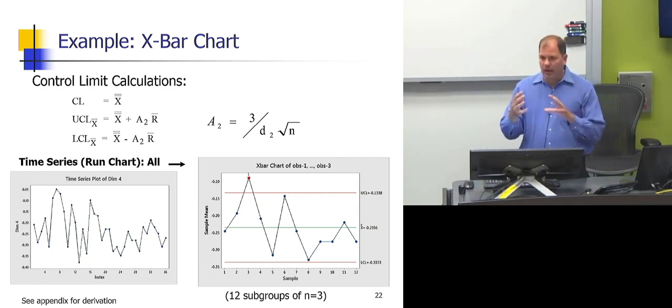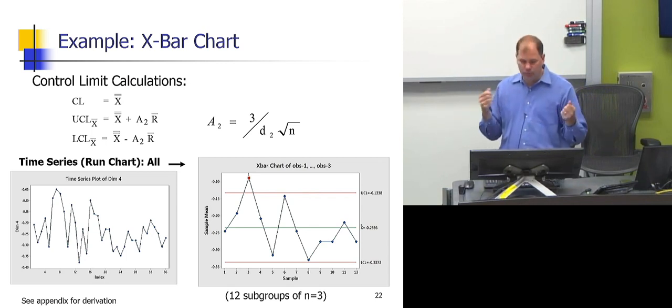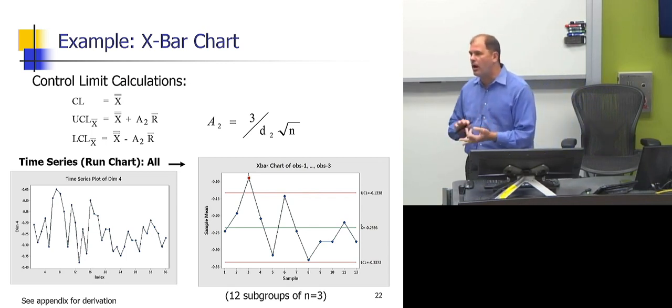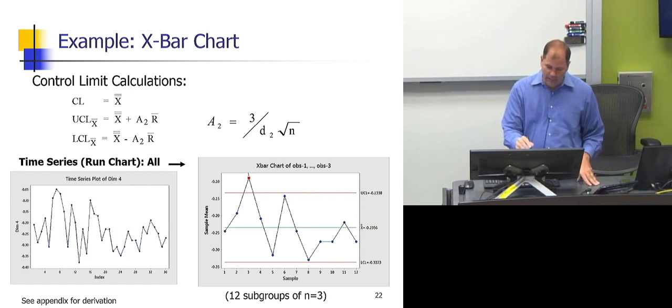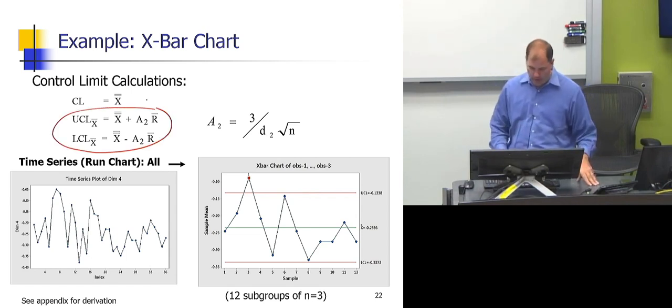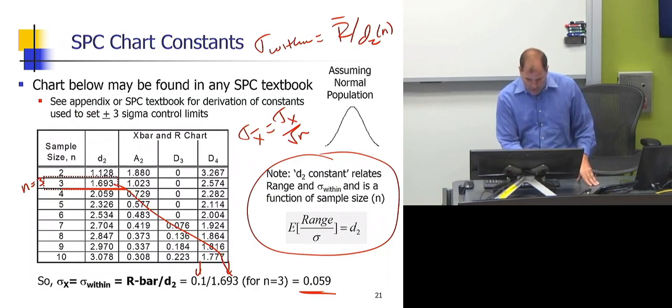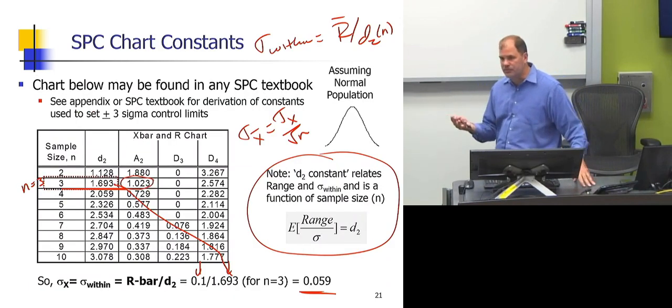Now, there is manipulation. So 3 sigma x bars is really only based on R bar and the subgroup size. And I can do some manipulation, and there ends up being this formula, A2 times R bar. If I go back to my chart, you will notice that for a subgroup size, there's a value for A2.